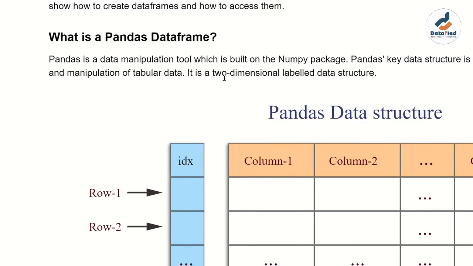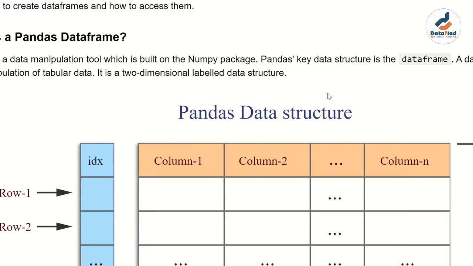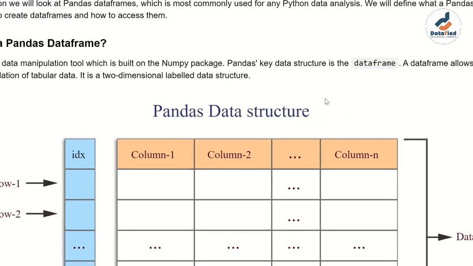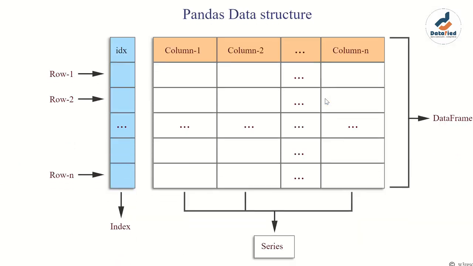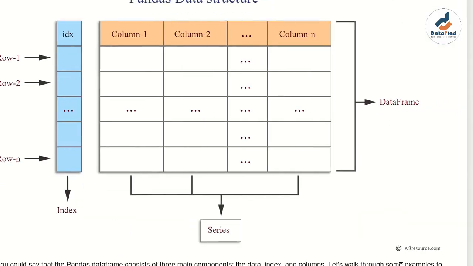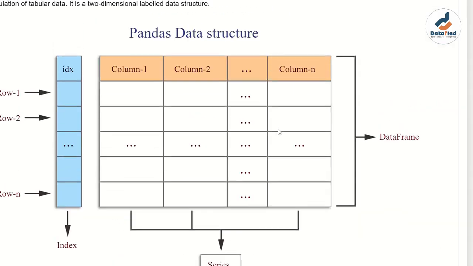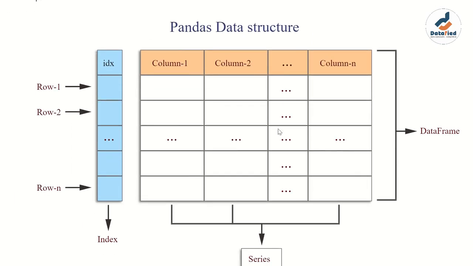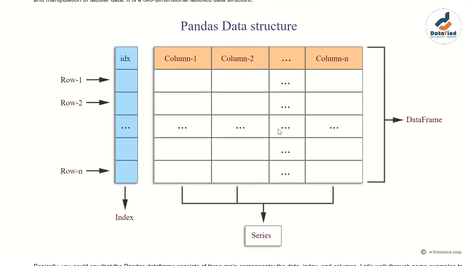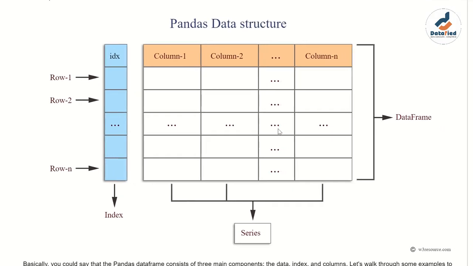It is a two-dimensional labeled data structure, and here is an image that I got from W3 Schools. So credits to W3 Schools for this resource. This image explains clearly the structure of a Pandas data frame.